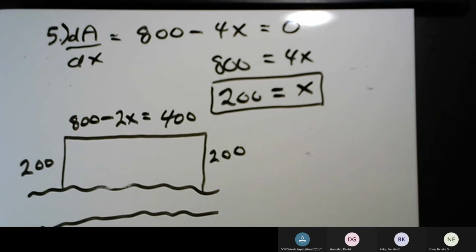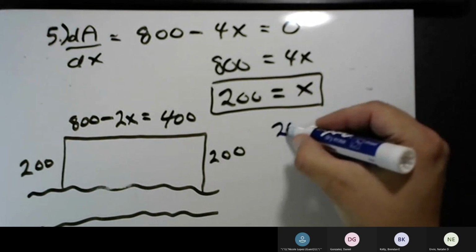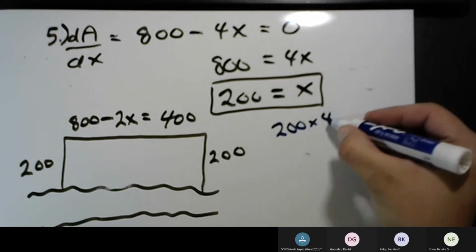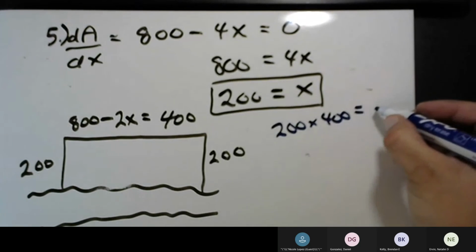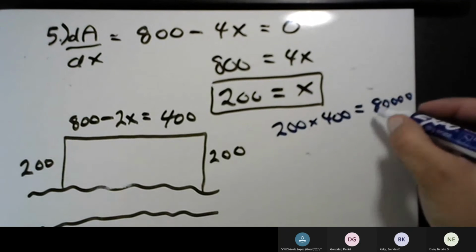So let's take a look. If we compute the area, 200 times 400 is 80,000.